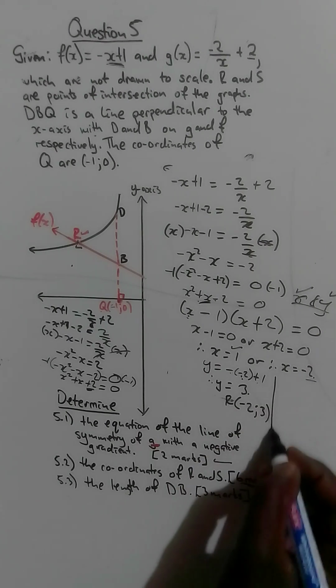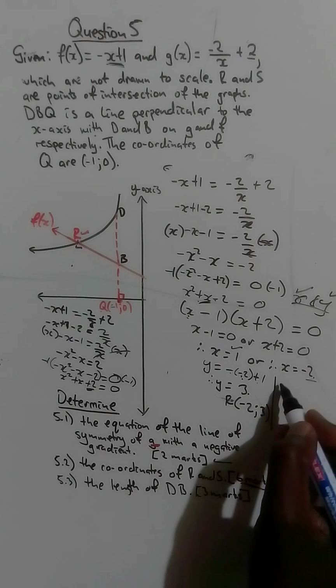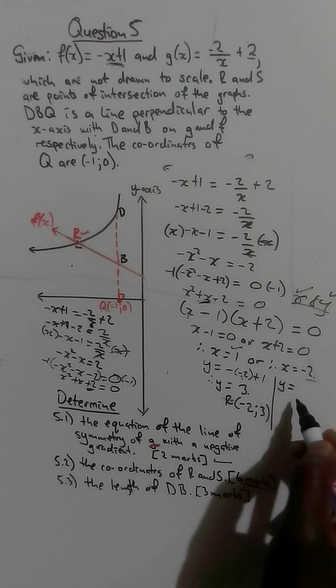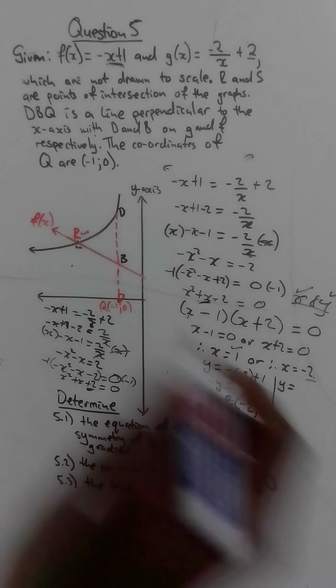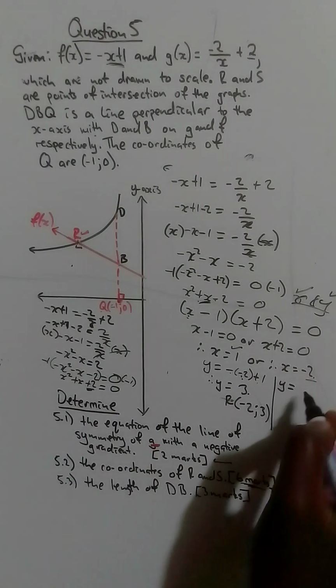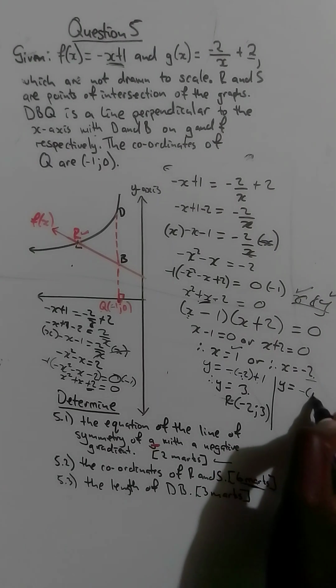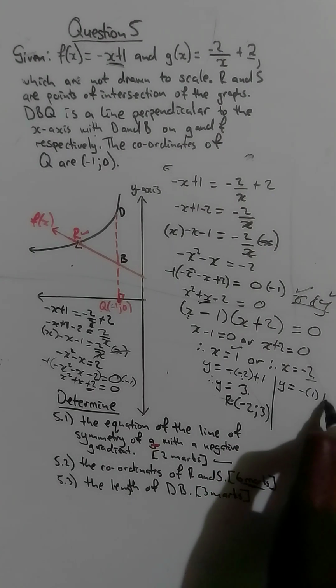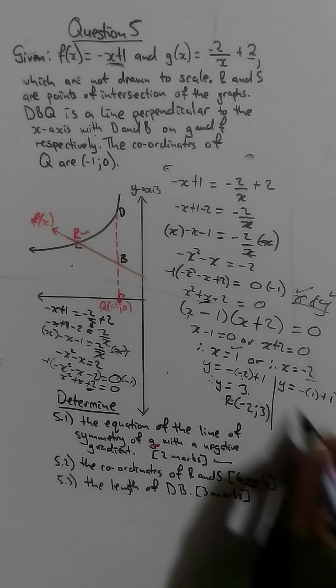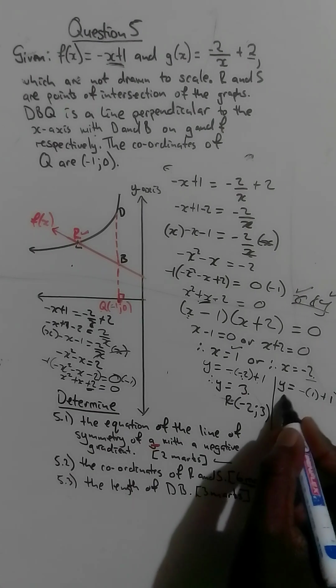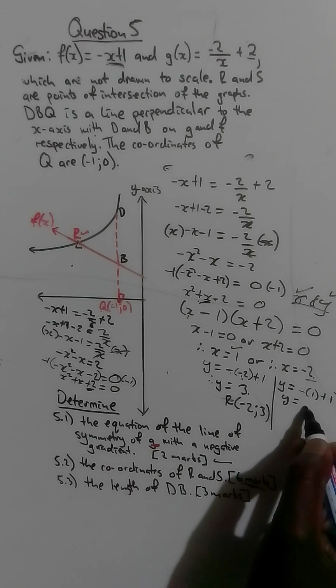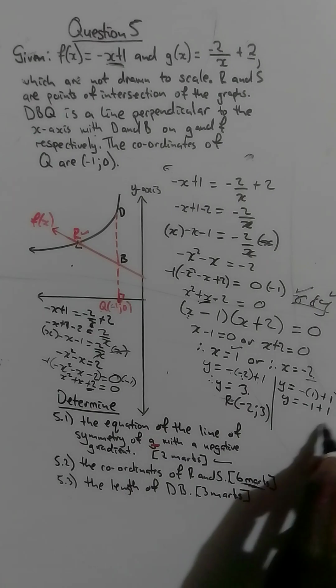Done. Then I say my y is equal to, I'm using this equation, negative open bracket positive 1 plus 1, which is equal to negative times positive, that's a negative 1 plus 1.